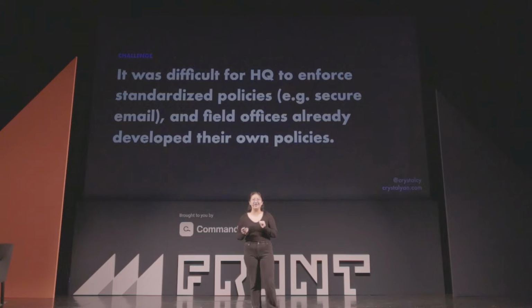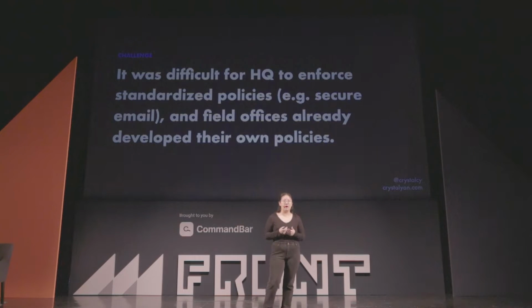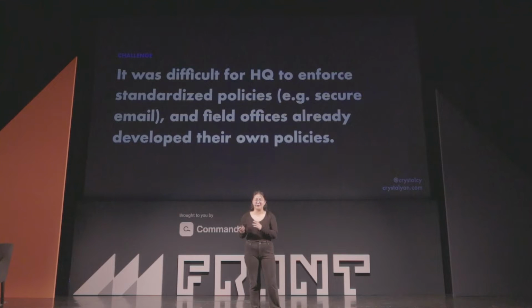Headquarters had some very specific standardized policies where they wanted to make sure that if an applicant was emailing over a question and had included personally identifiable information in that email, they use a different secure email messaging platform in order to contact the field office.